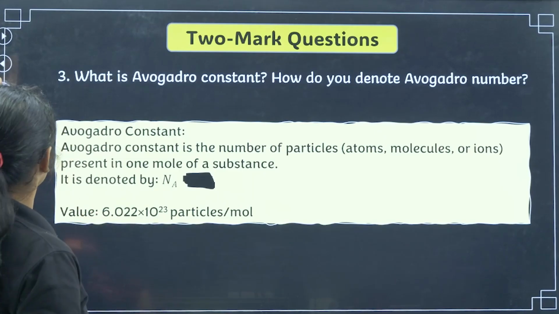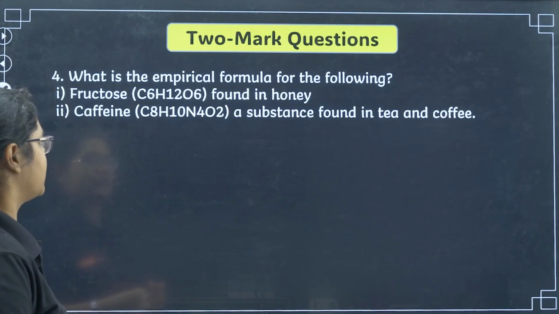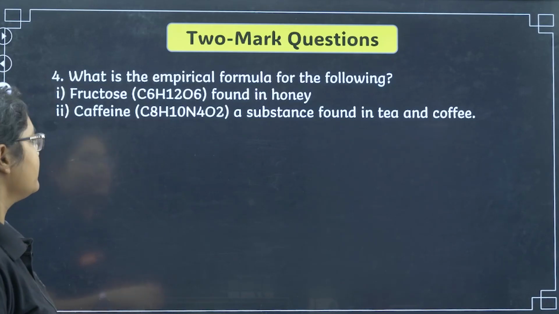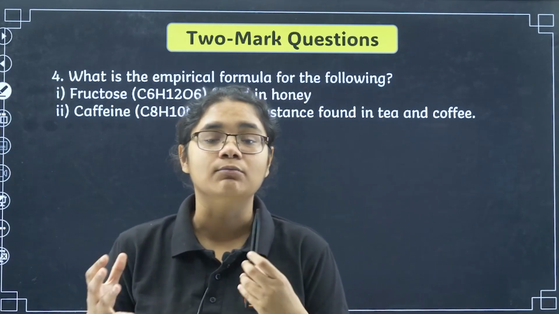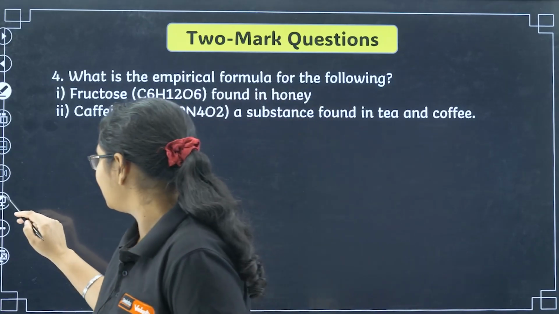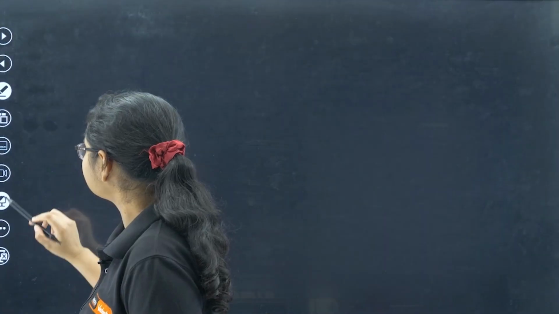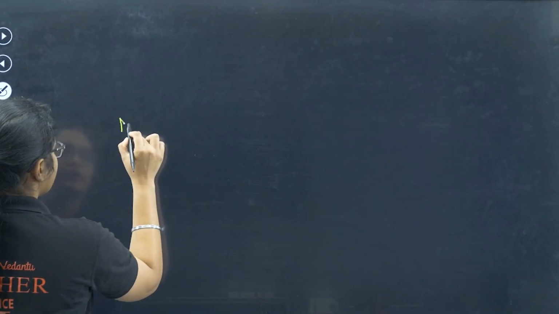Clear? Moving to the fourth question here, what is the empirical formula for the following? Fructose and caffeine. So what is empirical formula? Empirical formula and molecular formula are 2 different things. Let me explain.